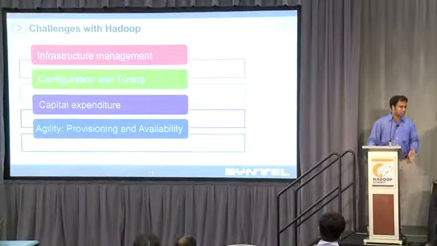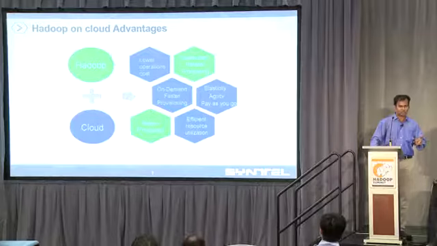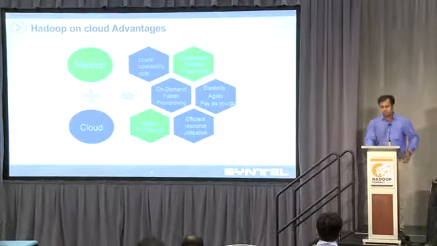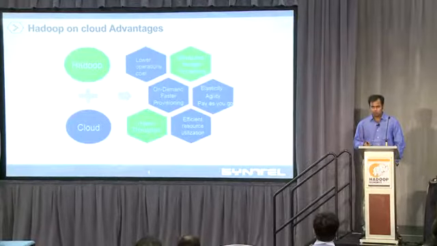Whatever features lag in one can be complemented by the other. Just by having Hadoop with cloud, these are the advantages we can coin. First, lower operational costs. What operations are involved there?